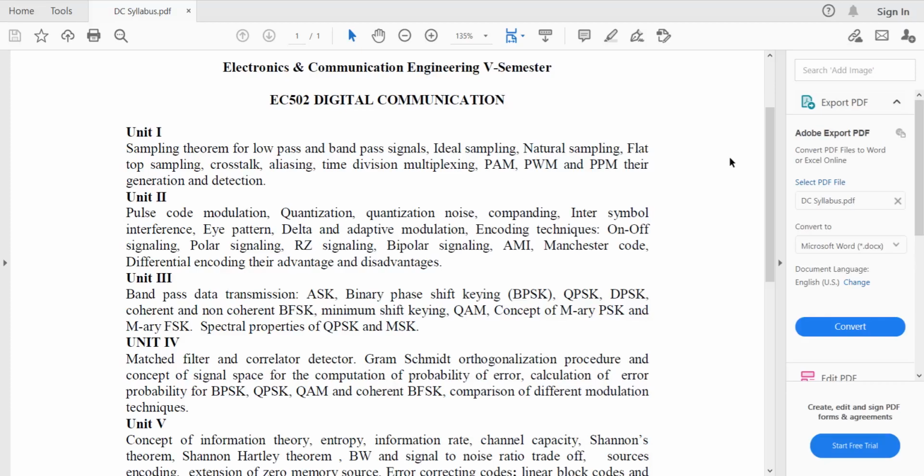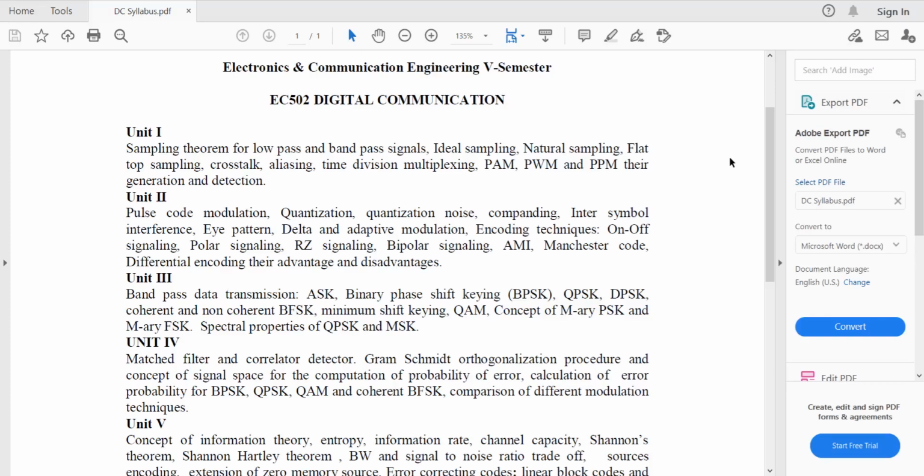If you are not able to listen, you can go back and forth in the video to listen to the full forms carefully and then answer the questions. Okay, so PAM is pulse amplitude modulation, PWM is pulse width modulation, PPM is pulse position modulation.